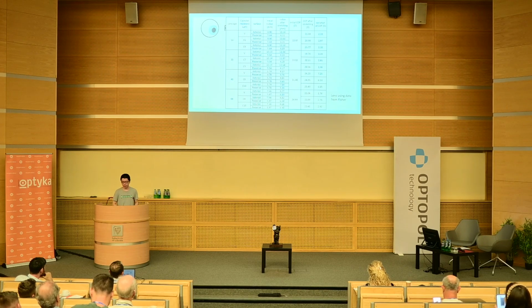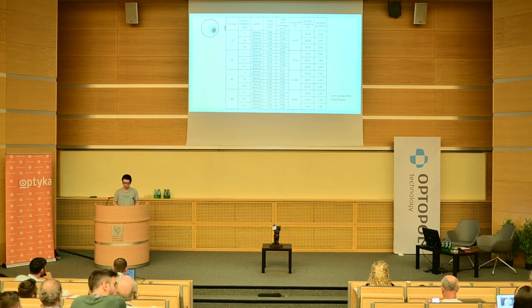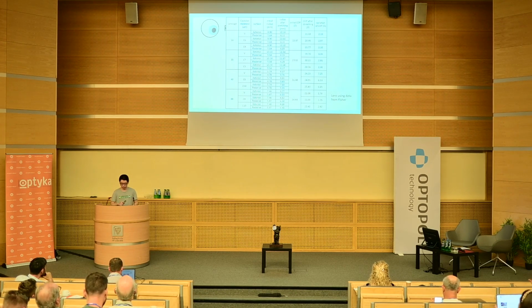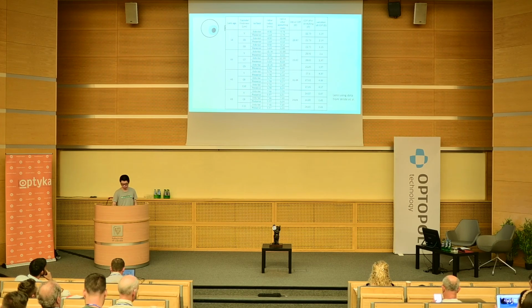So here we also consider the radius of curvature and the COP variation of all the lenses under different capsule thickness. And this is the result based on the data of Wiley law.